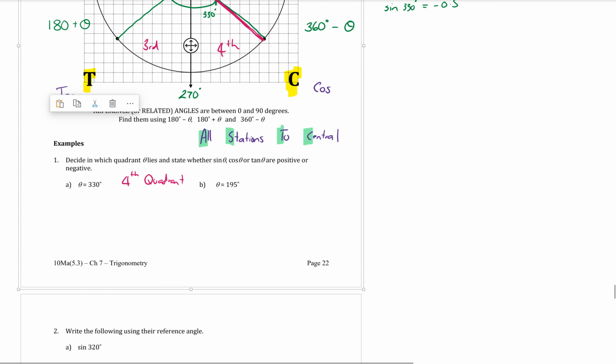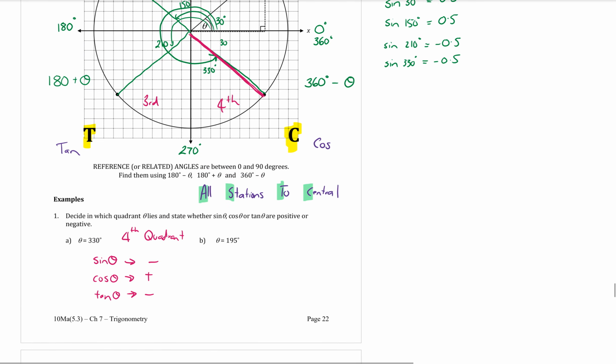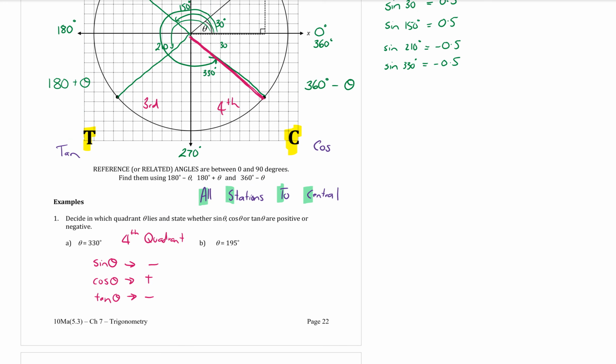So that means sine of theta would be negative. Cos of something in that quadrant will be positive, and tan of something in that quadrant would be negative. Remember, it's the cos quadrant, only cos is positive, the other two are negative.